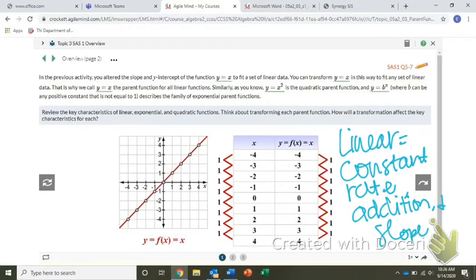All of these terms, rate, addition, and slope, are all very similar terms. So what that means is each time it is going up by the same number. Okay? And we've learned this in topic 1 and topic 2.